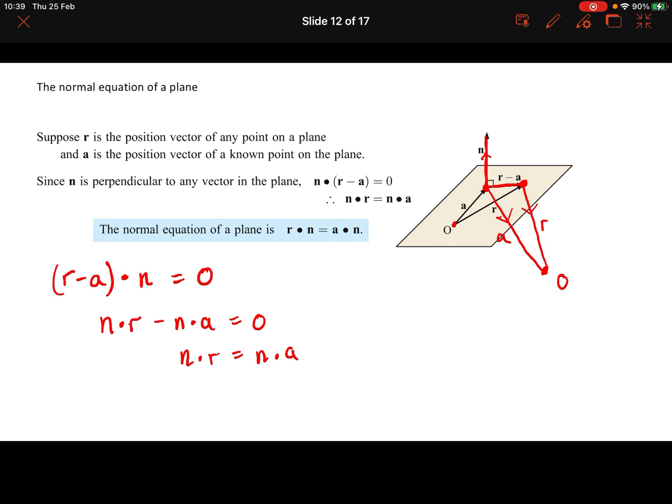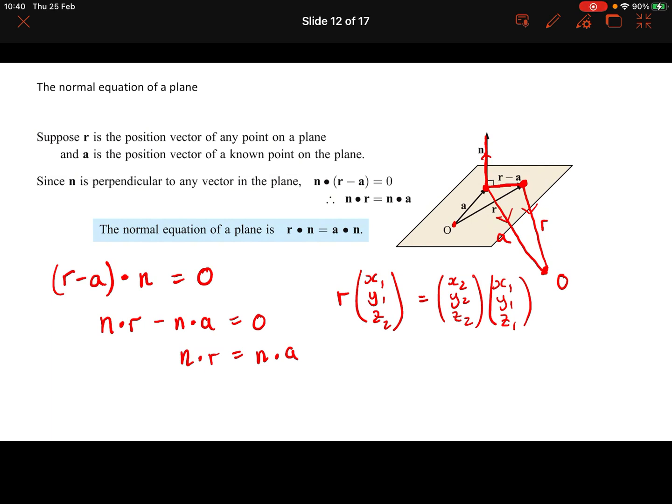Now, I can visualize this a bit better if I say that R, let's turn it around, is x2, y2, z2 dotted with x1, y1, z1.